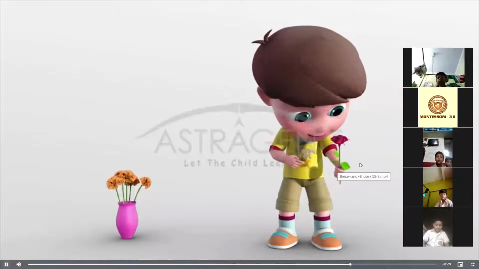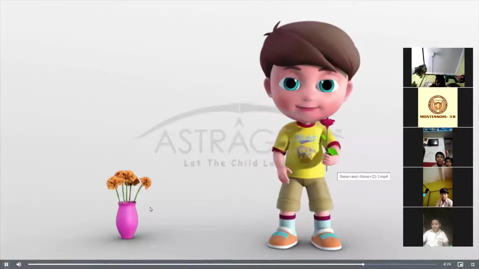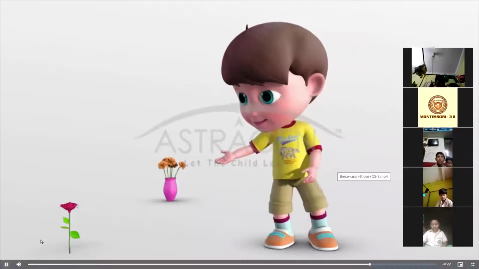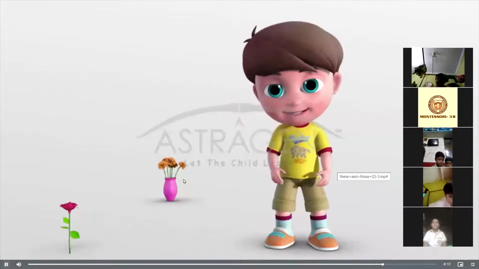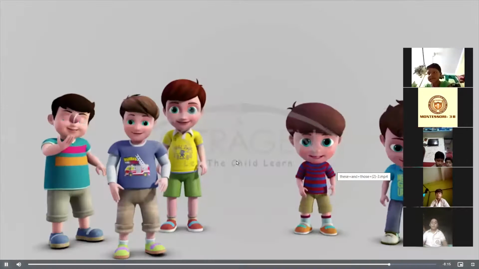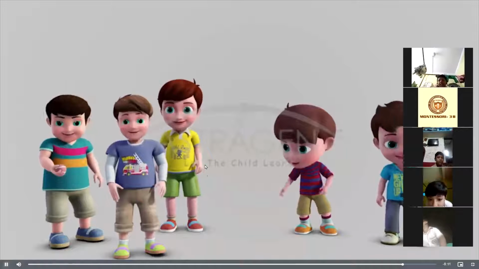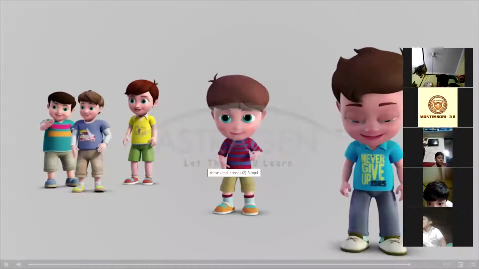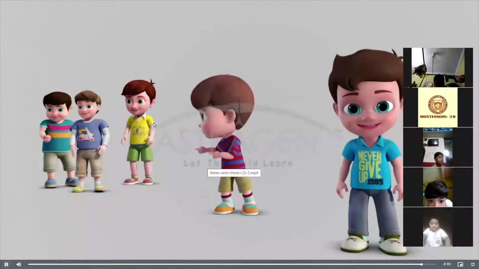This is a rose. These are roses. That is a rose. Those are roses. This is a boy. These are boys. That is a boy. Those are boys.